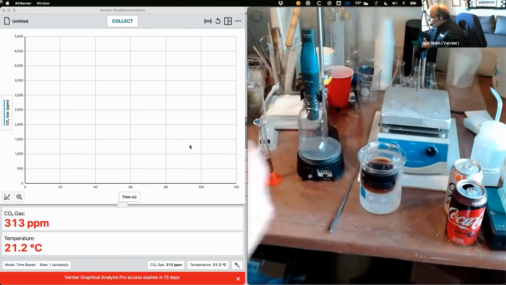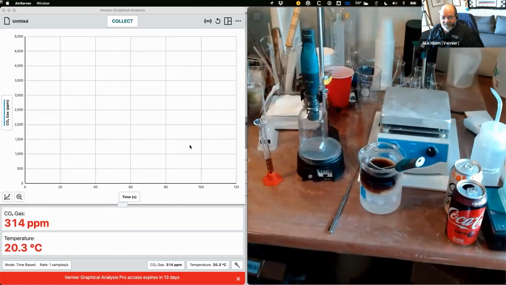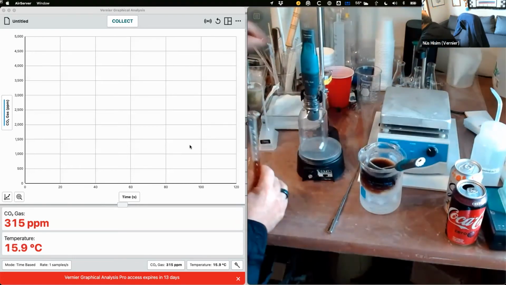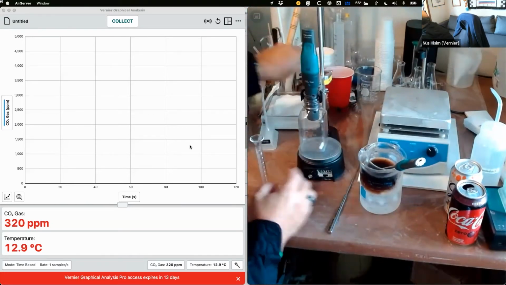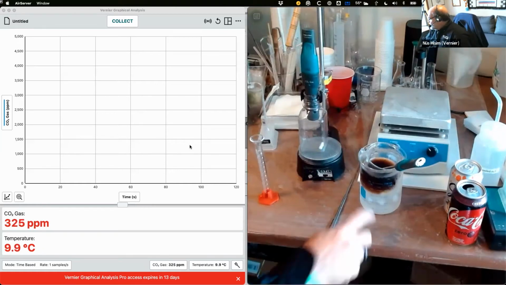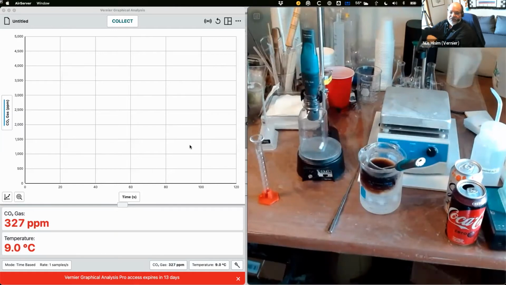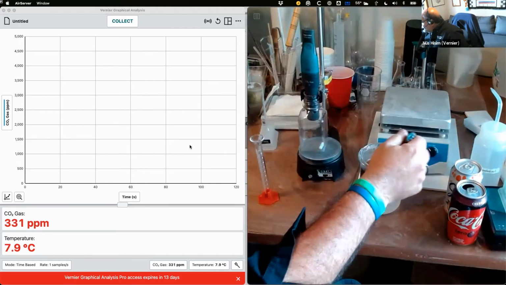What I didn't do is the first thing it says to do, which is measure the temperature of the cold solution. So I'm going to dump this, and the temperature probe is in there. Let's get that temperature so you can see that it's pretty cold. I have it sitting in an ice water bath. I don't expect it to freeze in there. I don't have salt in there or anything like that, but let's get a nice temperature for that.